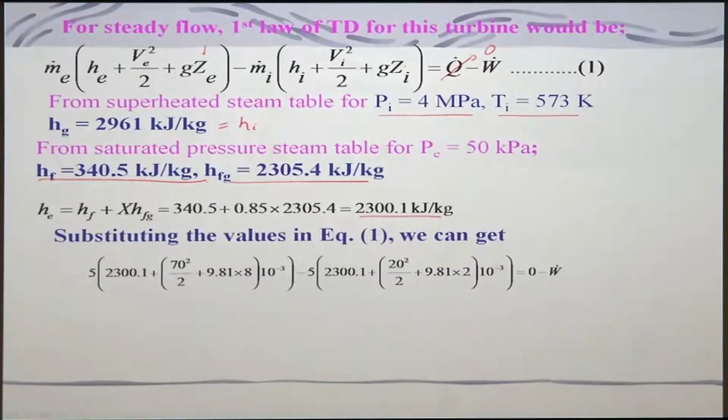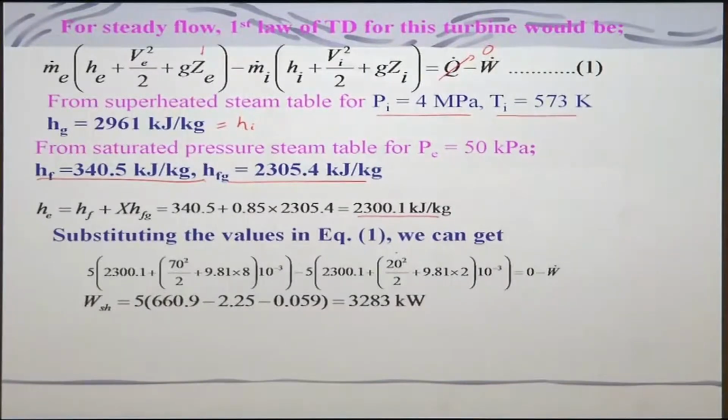Substituting those values in equation 1, you can find the shaft work as basically 3283 kilowatt. If you look at these terms, they are very low: this corresponds to the change in kinetic energy, and this to the change in potential energy. Of course, this is your mass.